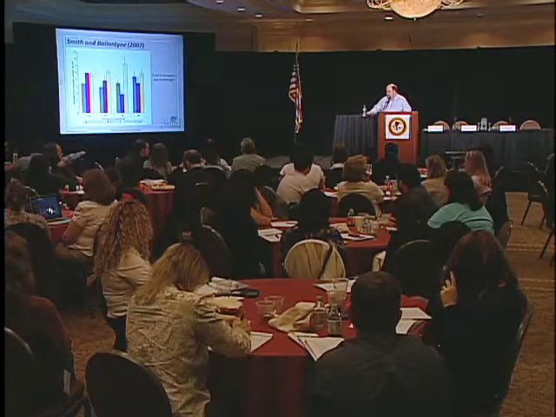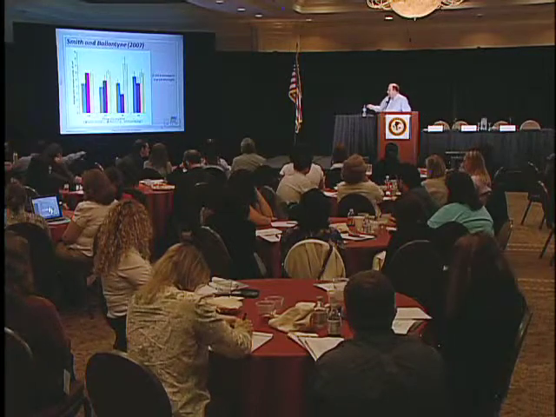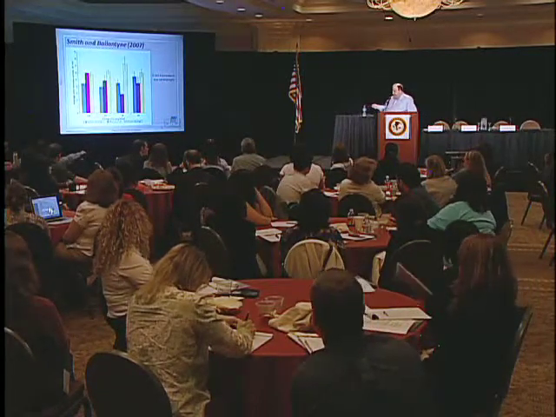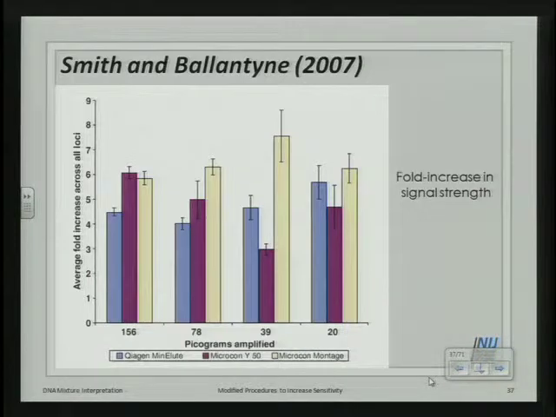He looked at this technique for improving low copy number DNA analysis by this post-PCR purification. So this is the fold increase, looking at 3 different columns. He's got the Minelute, the Y50 from Microcon, and the Microcon Montage.